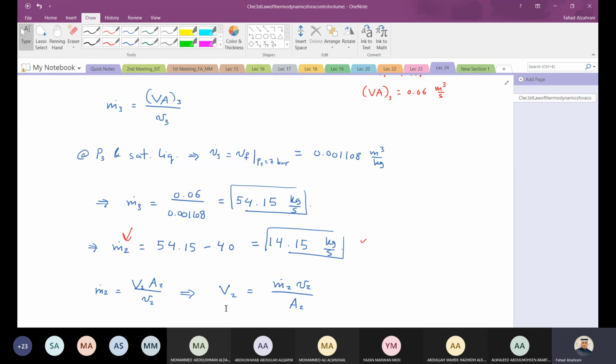You already know the mass flow rate and you need the velocity. Guys, without any thinking, if you have the mass flow rate you can immediately find velocity from area and specific volume or area and density.